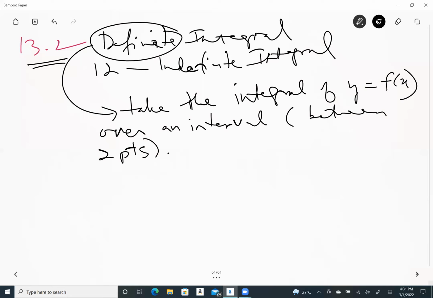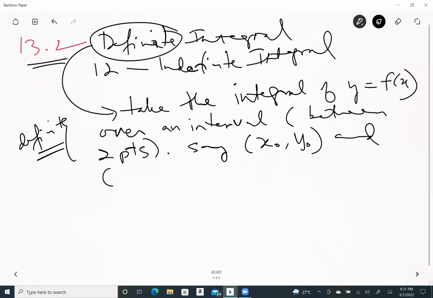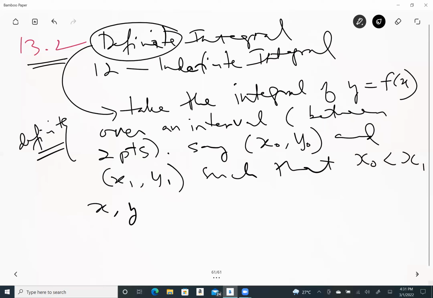So that is why you call it definite, because definite means you want to get the integral between 2 points, say x0, y0, and x1, y1, such that x0 is less than x1. And we consider only x, y both positive. We don't worry about negative values.